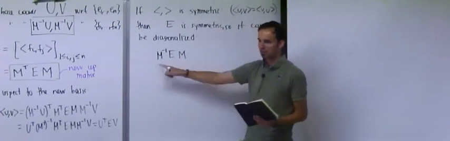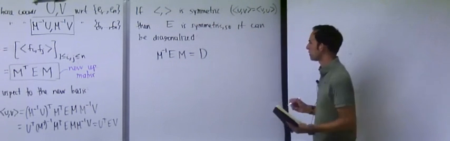Again, you have to remind yourself why this is the way to write what I just told you. But the way you diagonalize the matrix is you do some row operations, you do the same column operations, and you get a diagonal answer D, where D is diagonal.